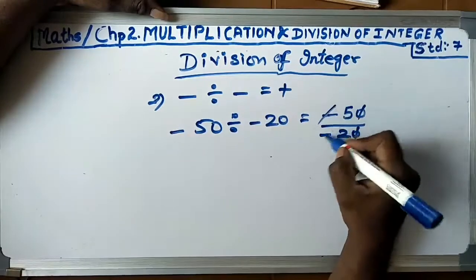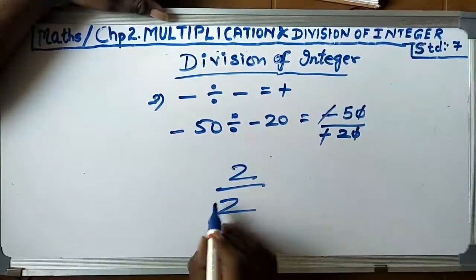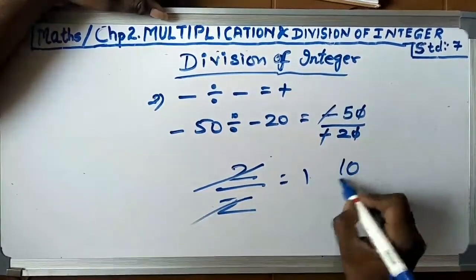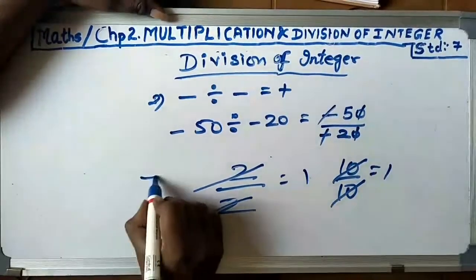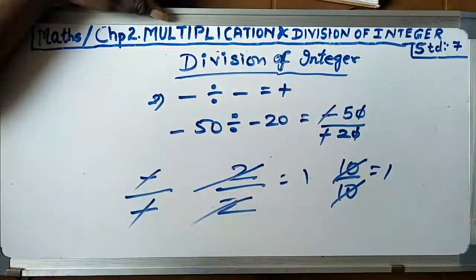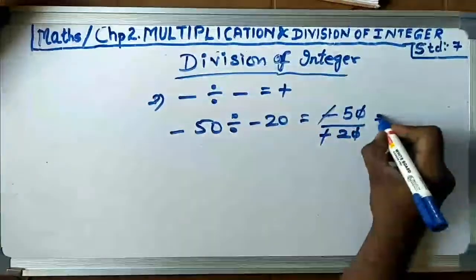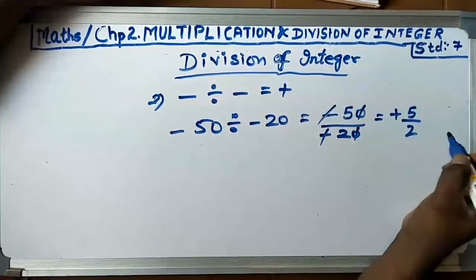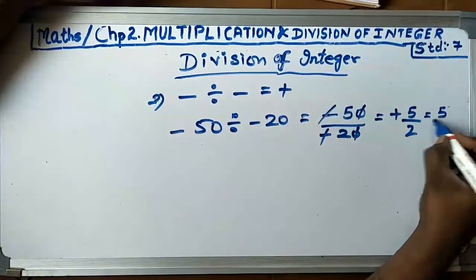Minus and minus cancel each other. Like when I write 2 upon 2, 2 and 2 cancel each other, 1 is remaining. I write 10 upon 10, 10 and 10 cancel each other, 1 is remaining. Same way, minus upon minus, minus and minus cancel, it becomes plus. So here it is plus 5 upon 2. You can write 5 upon 2 without the sign.